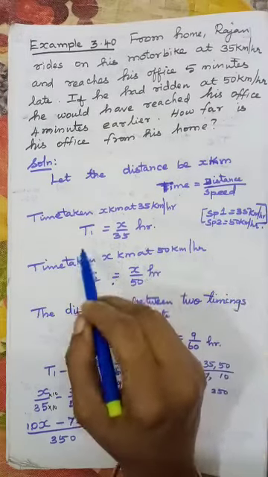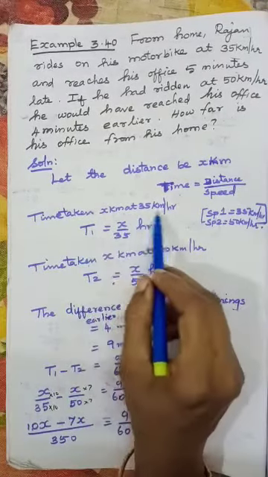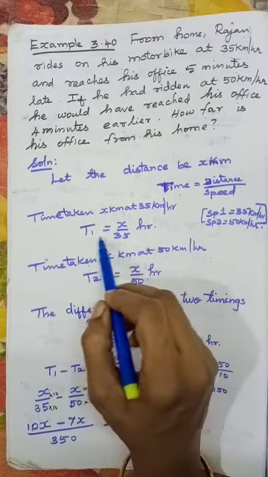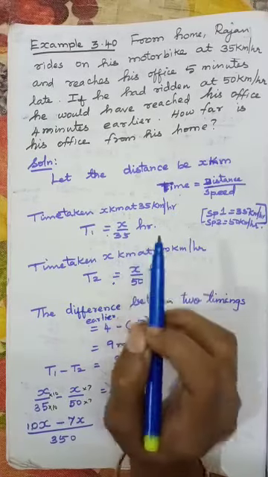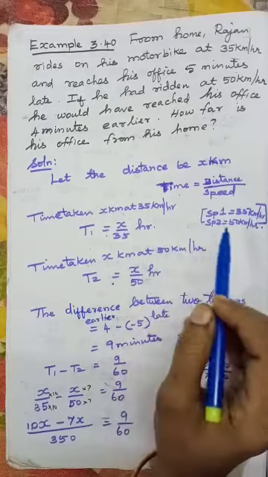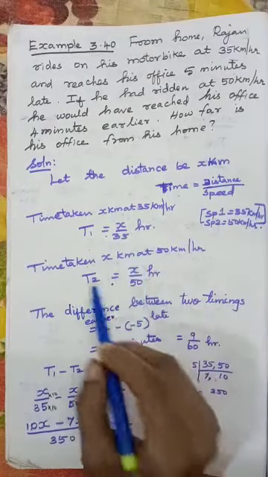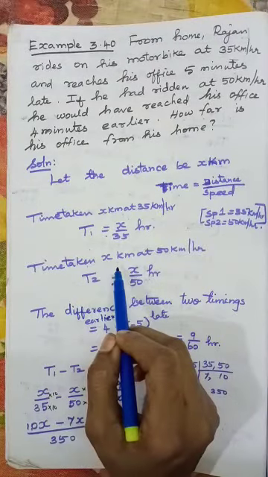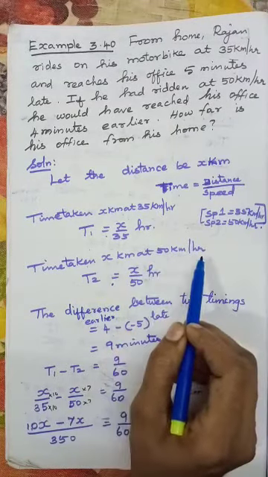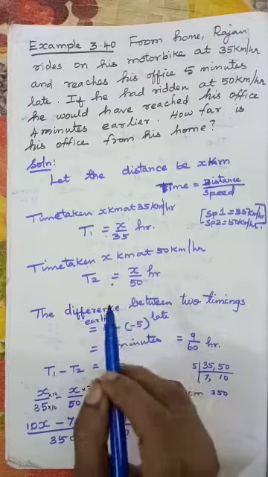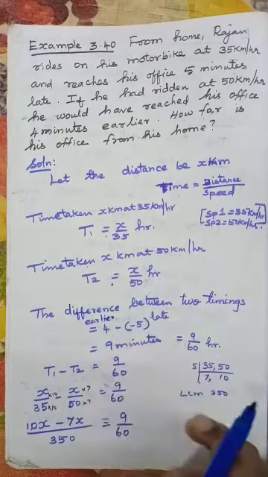First, using the speed 35 kilometer per hour, the time taken is equal to x by 35 hour, isn't it? Distance we don't know, so we are taking x by 35. Time taken for x kilometer at 50 kilometer per hour is x by 50 hour.